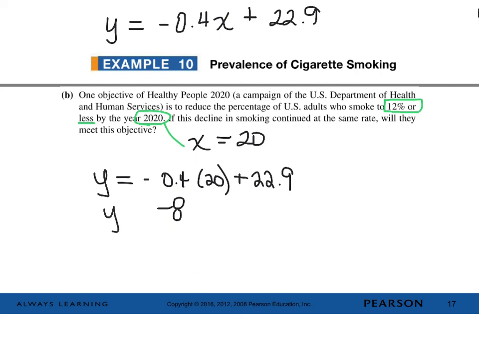So y is equal to negative 8 plus 22.9. And negative 8 plus 22.9 is 14.9.